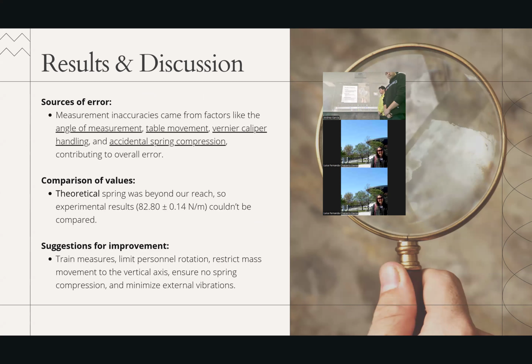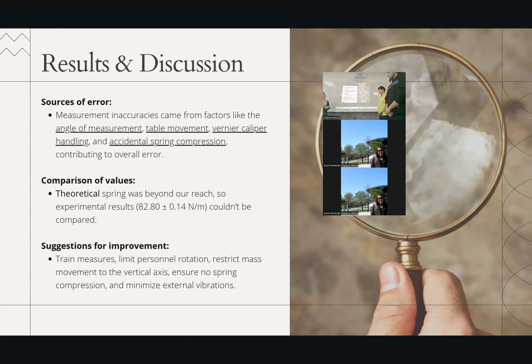Finally, the theoretical spring value was beyond our reach, so we couldn't compare the experimental result with another spring constant. But our experimental result was 82.80 plus or minus 0.14 newtons per meter.